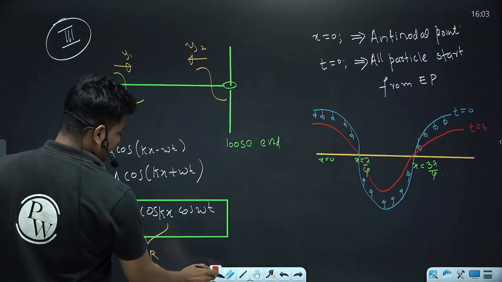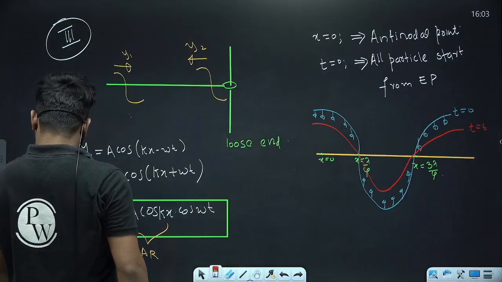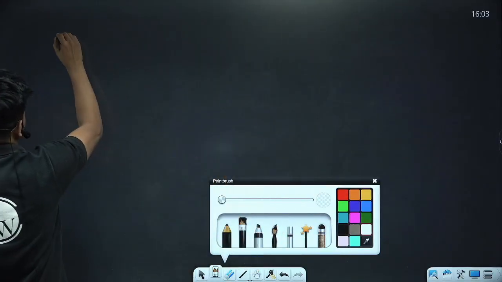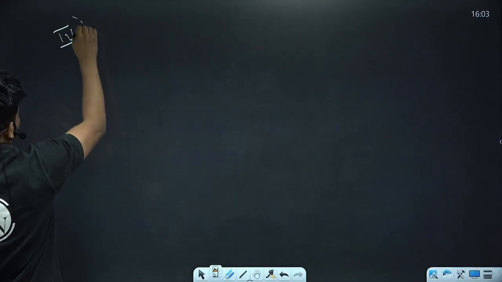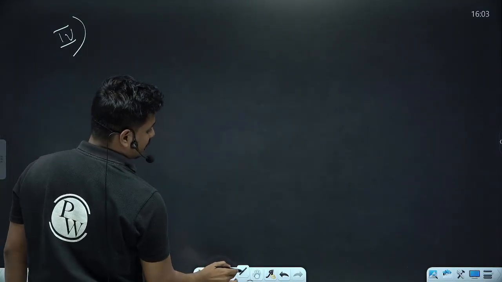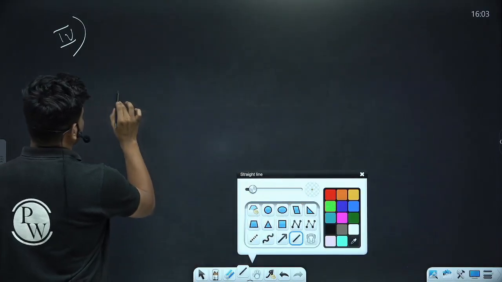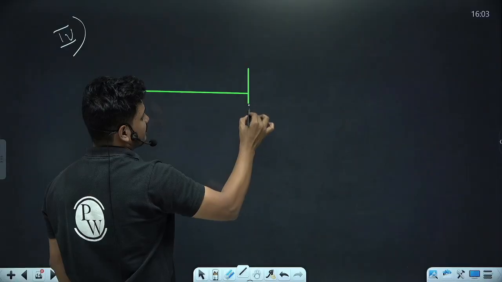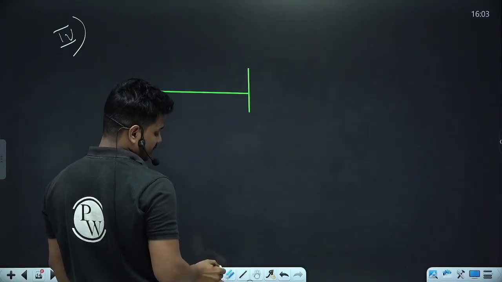Then I am going to check our fourth possible case. This is a string connected at a fixed end.